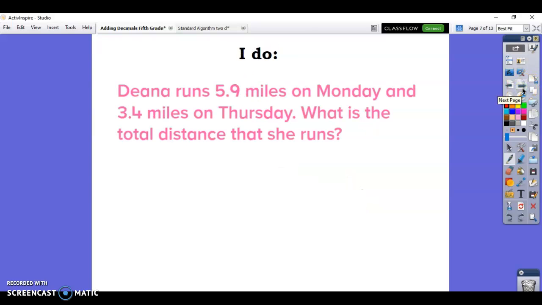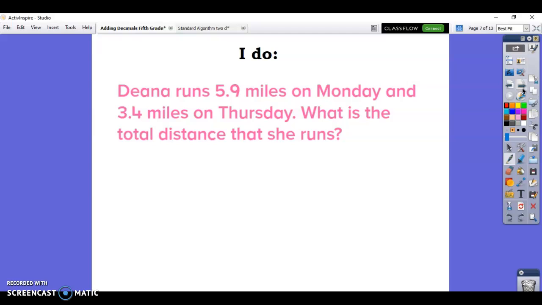Okay, so on this one, now we're going to move into not rounding, but looking at estimations and addition problems. So again, we did our review for estimation, and now we're going to practice some addition as well. All right, so Deanna runs 5.9 miles on Monday and 3 4/10 miles on Thursday.